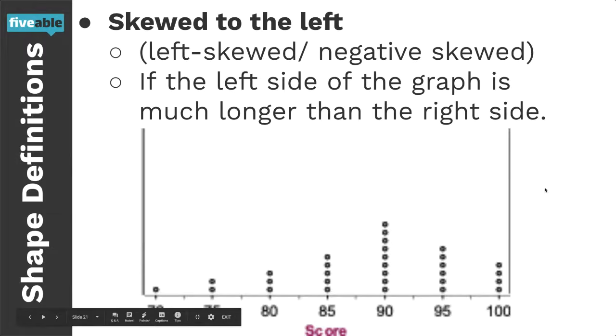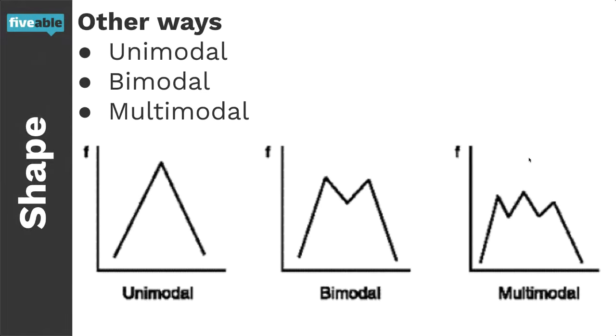So we call that left skewed. Other ways to describe shape: unimodal just means one peak. Bimodal means two peaks. And anything above bimodal we call multimodal, so it's got a lot of different peaks.